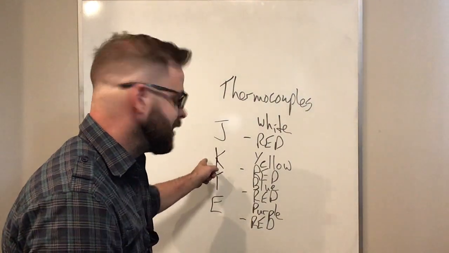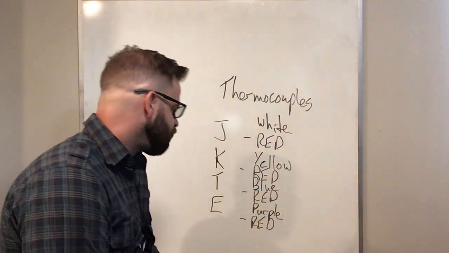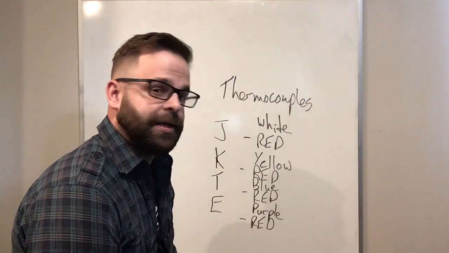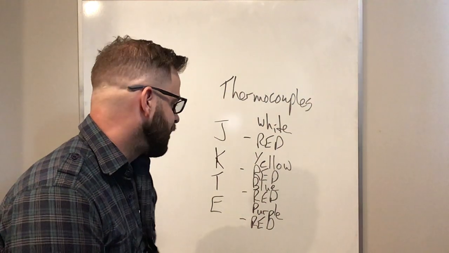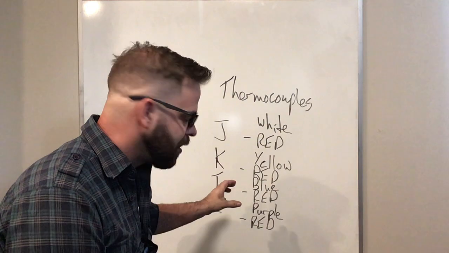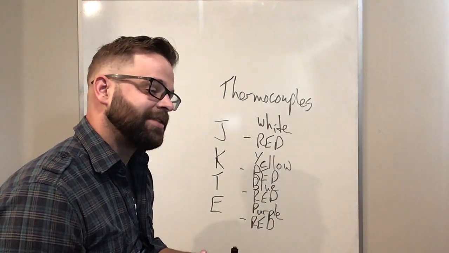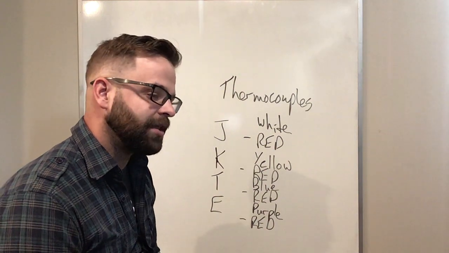Type K is the most common thermocouple, and you'll see it in lab class. It is the most common, it is the cheapest, and you will find there are more thermocouples than this. These are the most common, but type K is used over all of them, and that's because it also works on the highest temperature range.